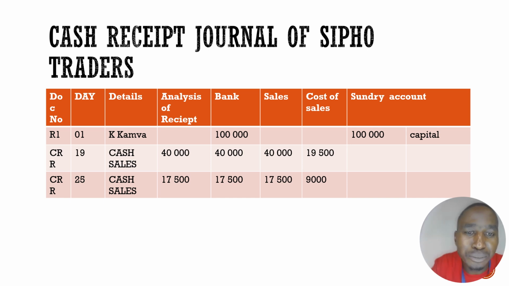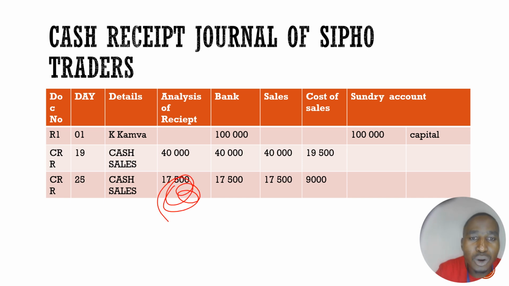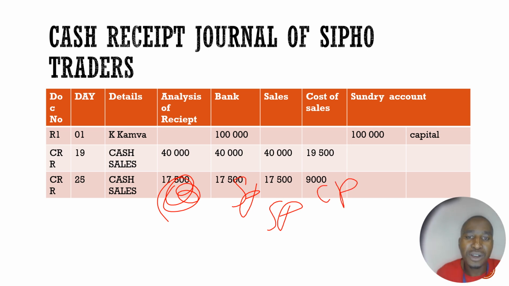That is the selling price. You write the selling price under analysis of receipt, and then you also write the selling price under bank, and you also write the selling price under sales. You only write the cost price under cost of sales, that is 9,000. And then you are done with that transaction.